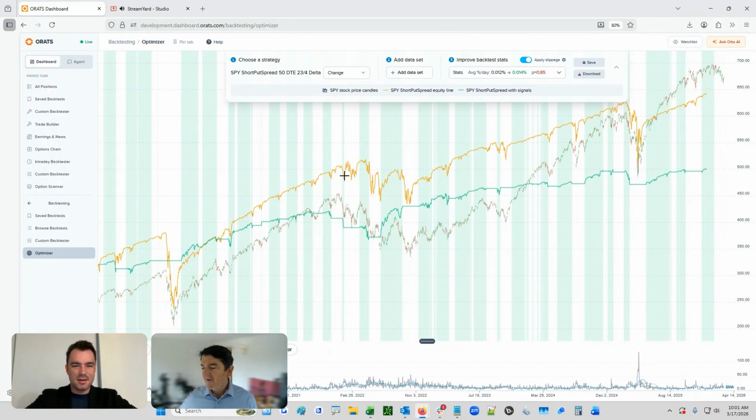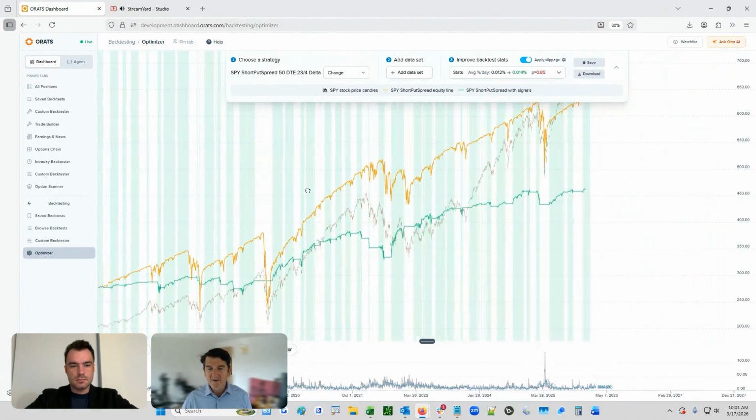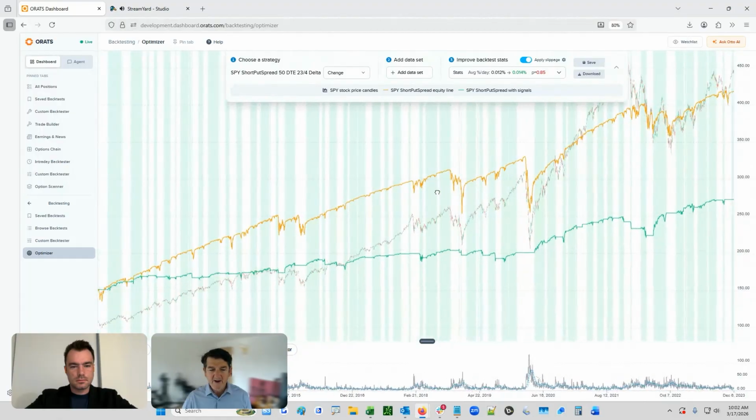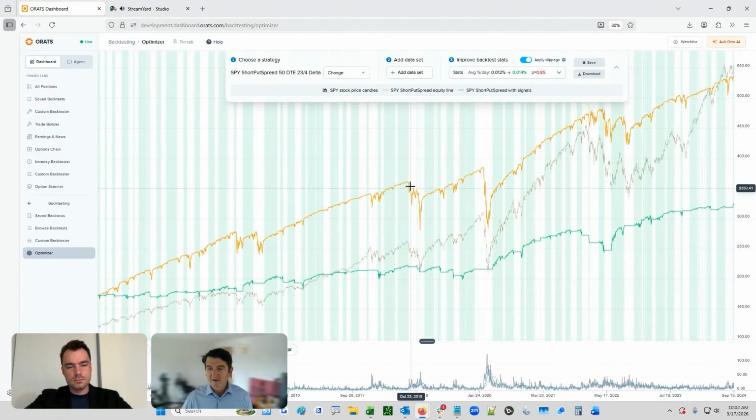Exactly. So we're going to use the optimizer graph just because you could scroll in and scroll out and see a lot of the crashes and such. So you can see there's a candlestick chart that's a little bit faint behind here, and then I have a short put spread.